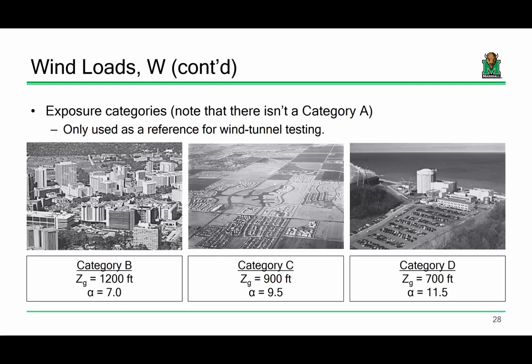That's basically what the exposure categories are trying to capture. If you're designing a building in the middle of Manhattan, well, there's a bunch of other buildings around it. So the wind forces on that building are going to change because there's stuff surrounding it. Whereas if it's a building out in the middle of a farmland, well, there's nothing preventing the wind from hitting it. So does that make sense?